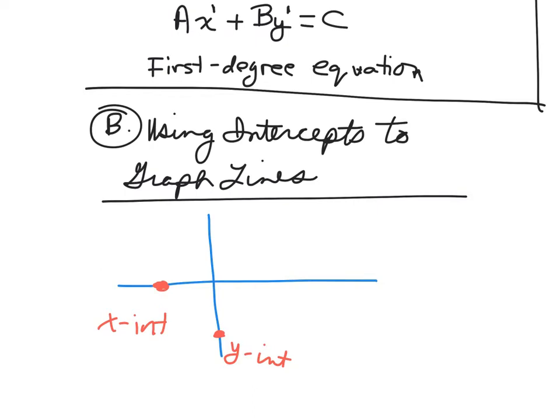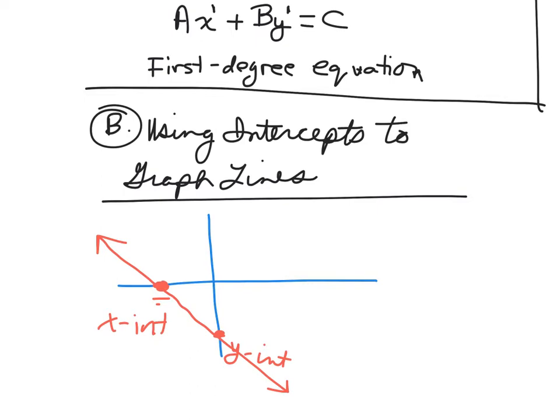So as long as I know those 2 points, I got 2 points on the line, then I can graph the line. So the question becomes, how do I find those 2 points? How do I find, let's consider the x-intercept first. How do I find the x-intercept?